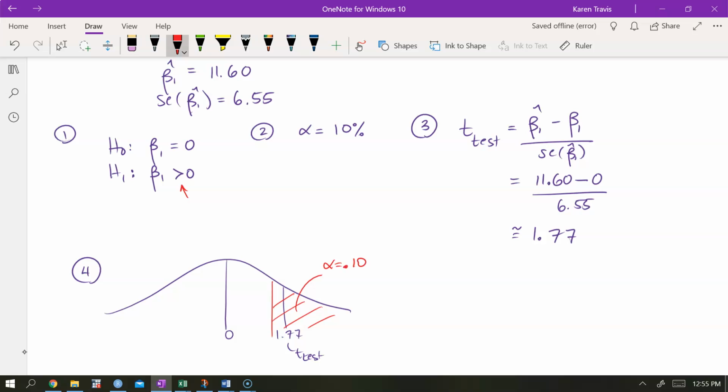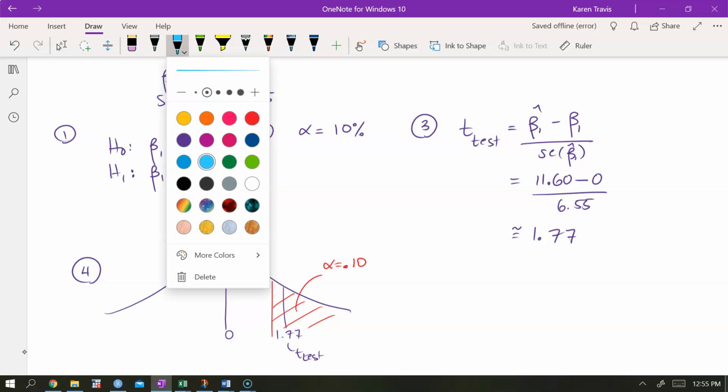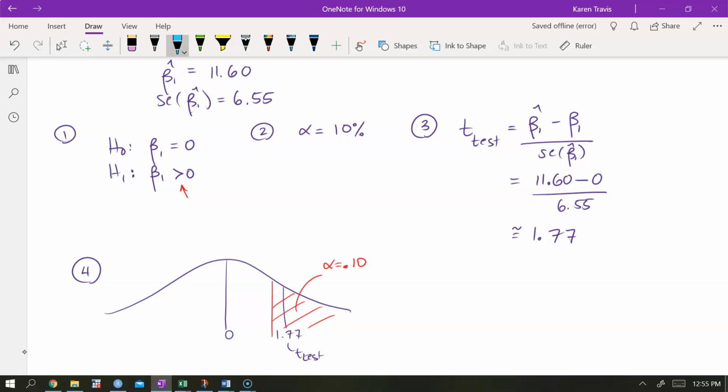The tail for a t-test on one side would come from our output, but it would have to be, because we're only putting it on one side, the output always tells us the total p-value. We only want the area on one side.